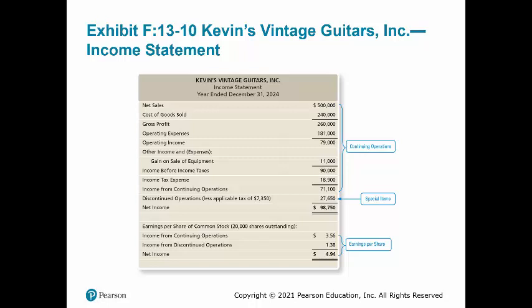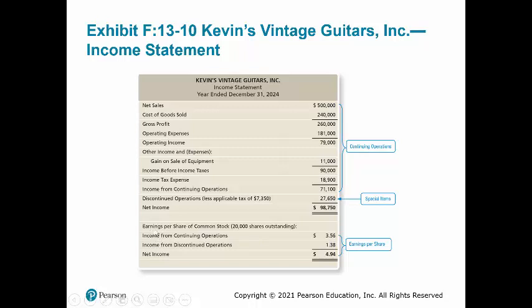It also has a separate section for discontinued operations. And if you notice, discontinued operations are reported net of the applicable tax, because the income tax expense has already been calculated on the income from continuing operations. So I wanted to make a point of mentioning that.